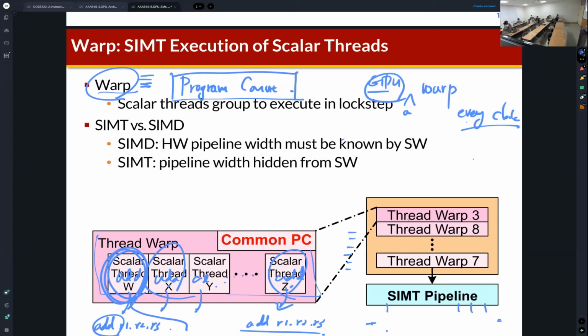To support this SIMD execution model from SIMT, the GPU groups multiple threads into a warp, and the threads in the warp share the same program counter. The GPU's warp scheduler schedules the ready warp to the SIMD execution engine. That is the warp execution model.